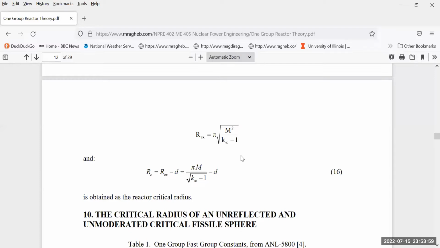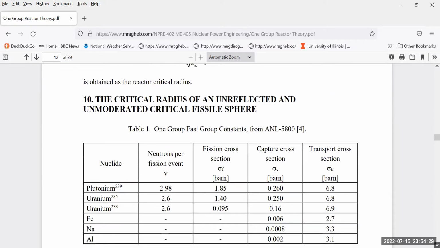So you could see here that if we know the material properties, the enrichment of the fuel, what fuel we are using, what is the proportion of fuel to moderator, we can determine the critical radius of the reactor. And obviously, if you know the radius and you have spherical geometry, you can calculate the volume. And if you take the volume, multiply it by the density, then you get the mass. And this is a way to determine the critical mass of a reactor that would make it self-sustaining.